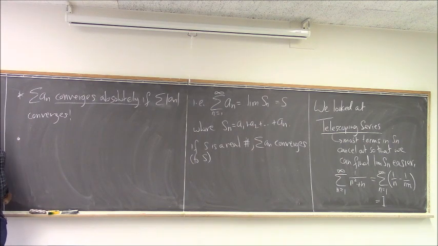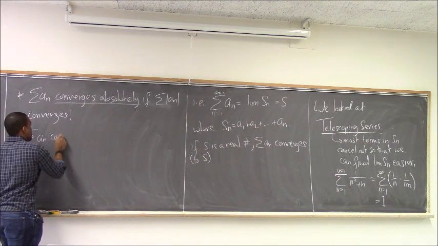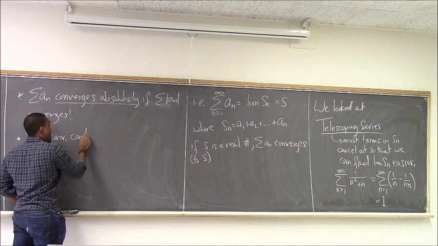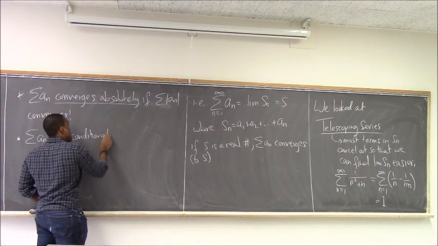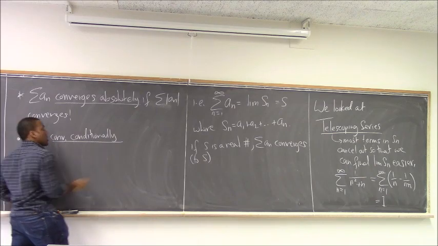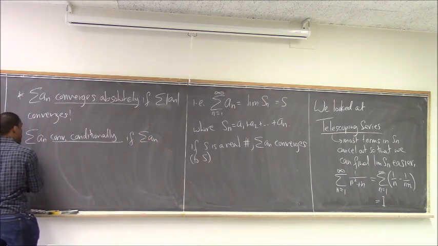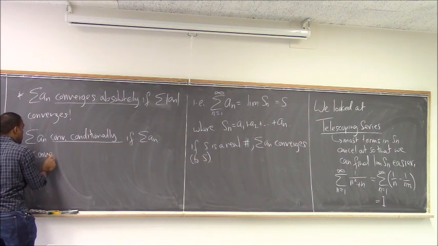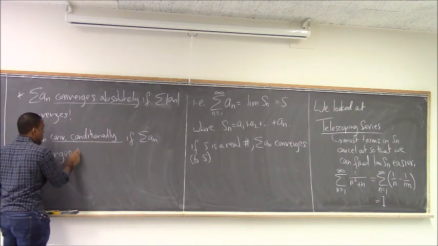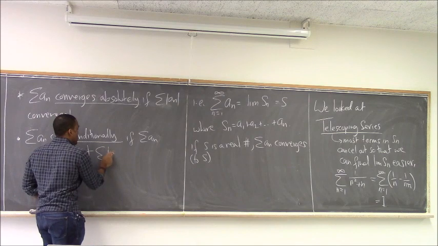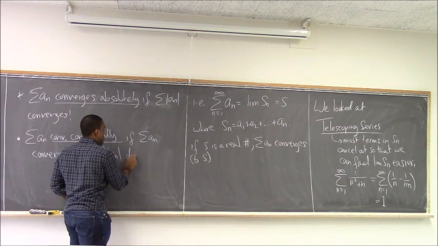Things that converge but don't converge absolutely: a_n converges conditionally if a_n converges, but if I throw absolute values around the terms, it does not.